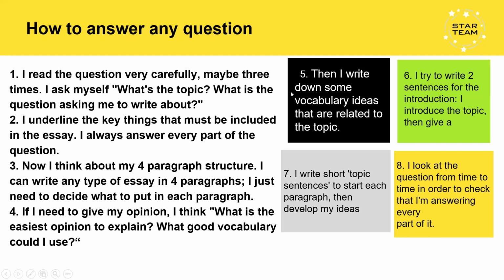Then I write down some vocabulary ideas that are related to the topic. Then number 6, I try to write 2 sentences for the introduction. I introduce the topic, then give an explanation. Number 7, I write short topic sentences to start each paragraph, then develop my ideas. Number 8, I look at the question from time to time in order to check that I'm answering every part of it.